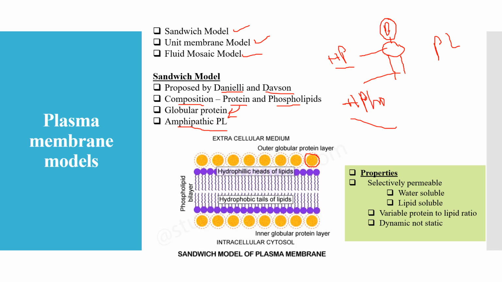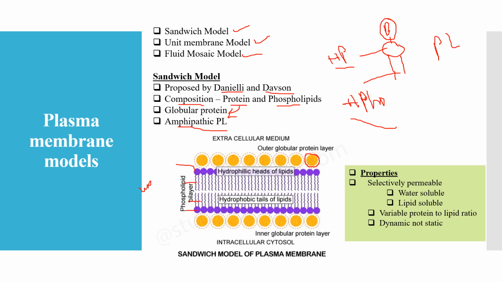The first property, so this is the structure, and here the lipid bilayer is present. This is the head portion, this is the tail portion, and here again the head portion and the tail portion, and these two lipid layers face towards each other and are attracted to each other through a weak force.